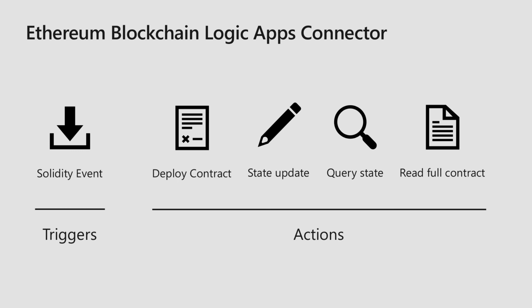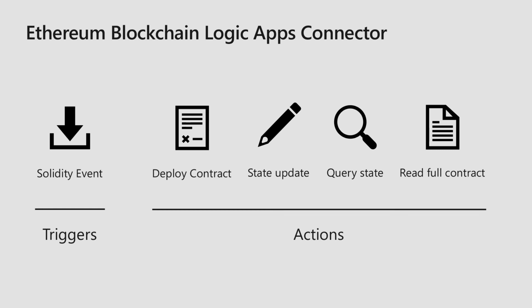You could also do a state update, which means you can change any state on the contract by sending a signed transaction, for which you need a private key again. The query state is the ability to read all the public properties that the contract exposes.